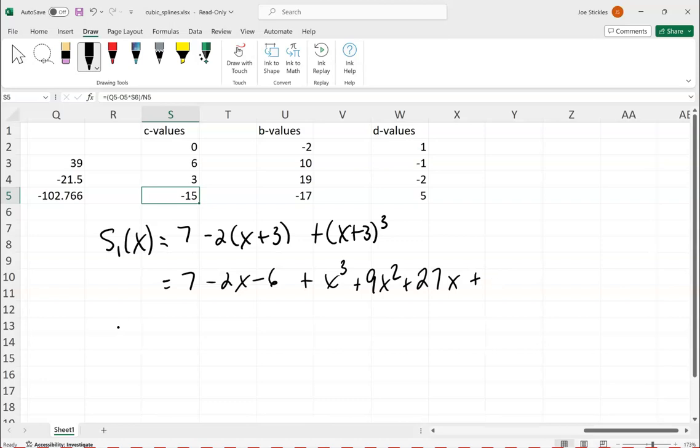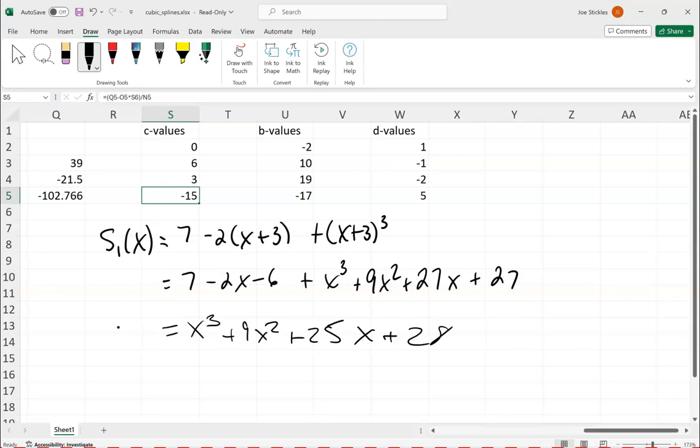Oops, 27. Here I get an x cubed. Here we get what? A 9x squared, a 25x, and a 28. Which is exactly what they had for the first function, wasn't it?